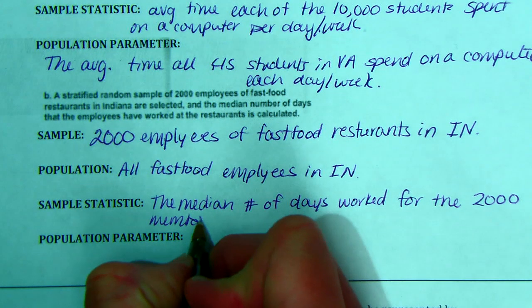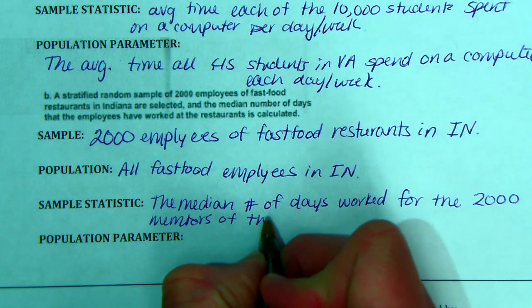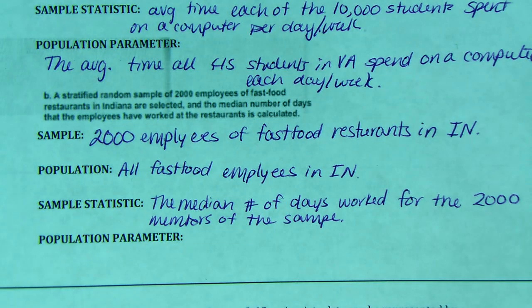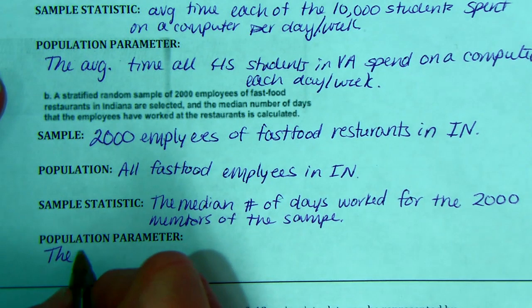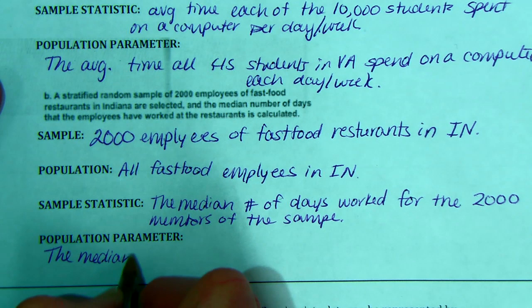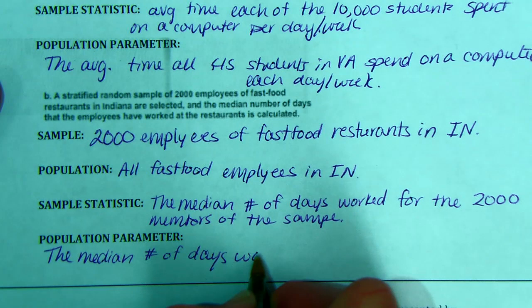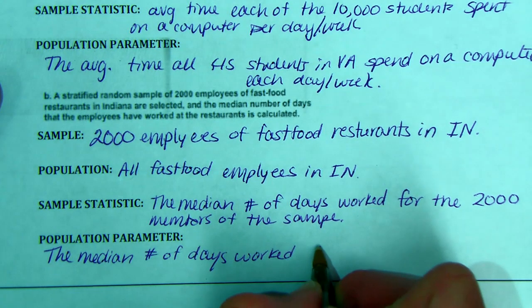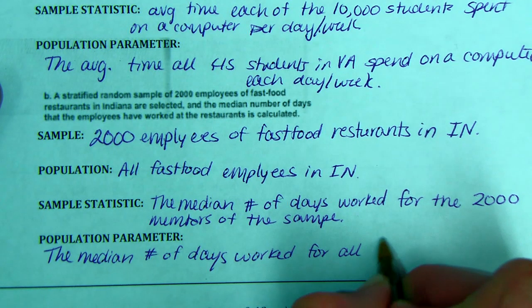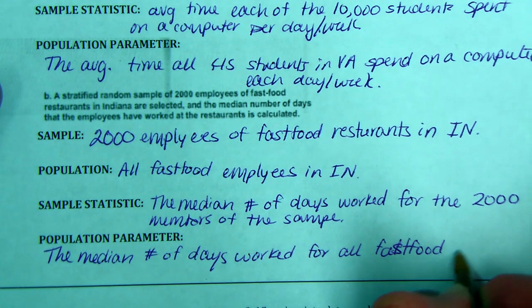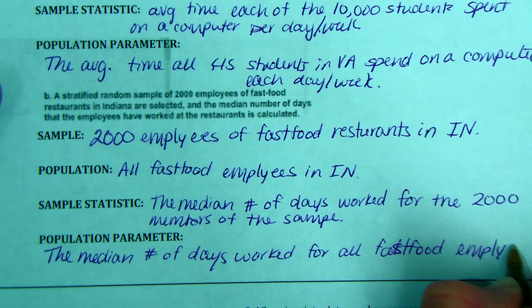And the population parameter would be the median number of days worked for all fast food employees of Indiana.